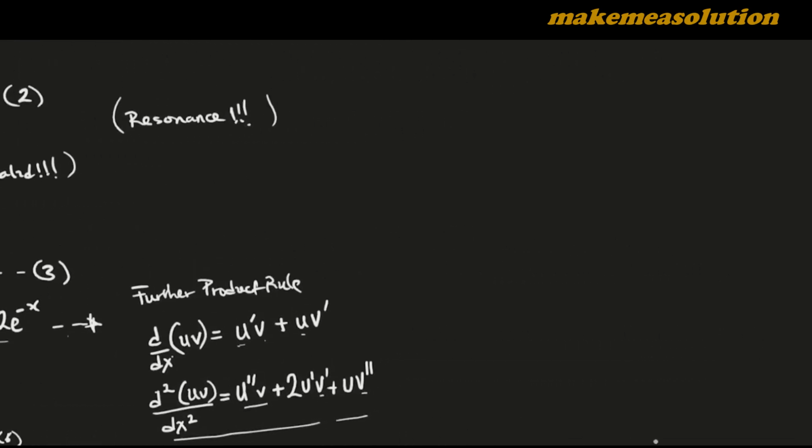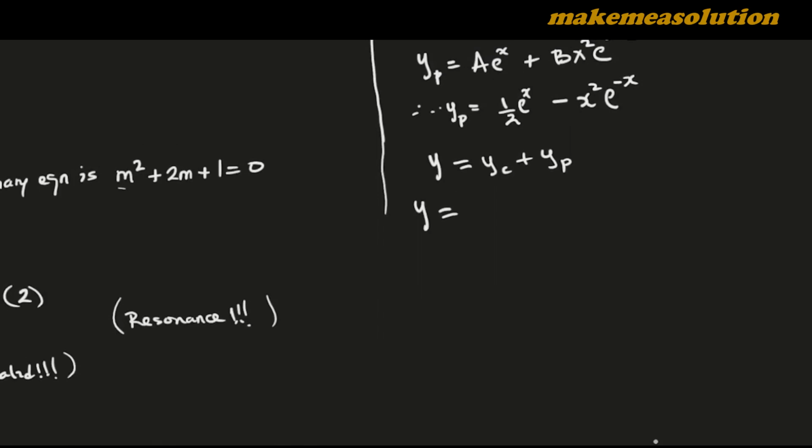So back to this place, we have our yc, c1 exponential negative x plus c2 x exponential negative x, and plus yp. So we have plus exponential x over 2 and minus x squared exponential what?